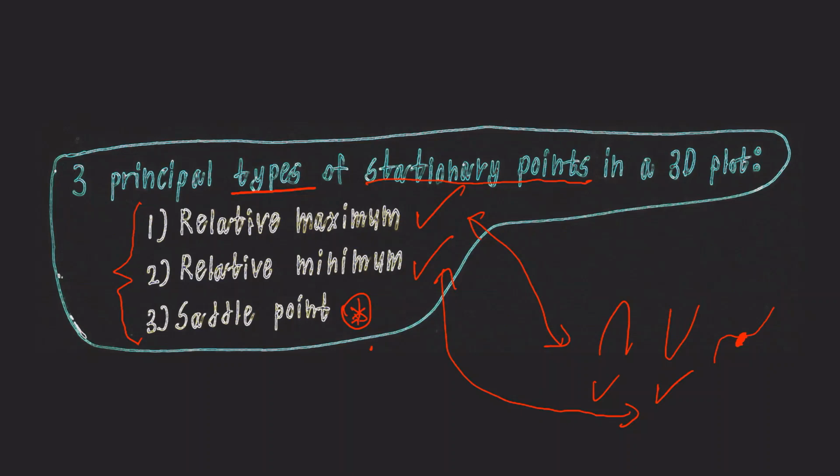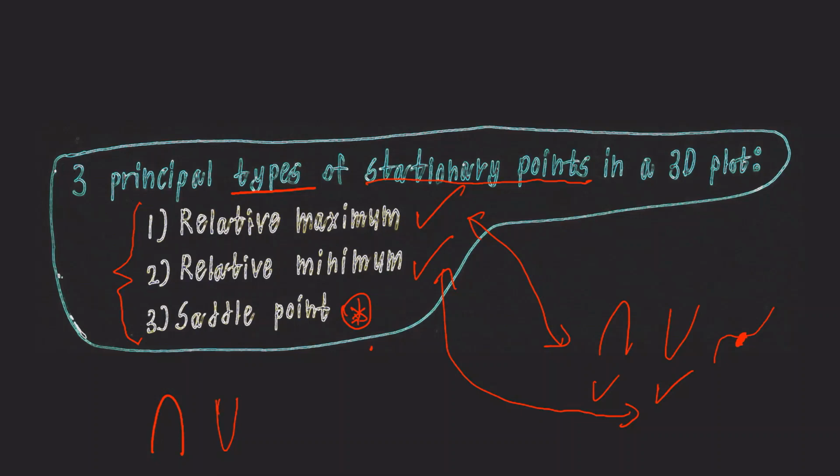It's a general term, and stationary points of inflection in 3D space are one example of saddle points. In general, if you look at a saddle point from one direction, it looks like a maximum, but if we look at it from a direction that's 90 degrees or orthogonal to this, it looks like a minimum.